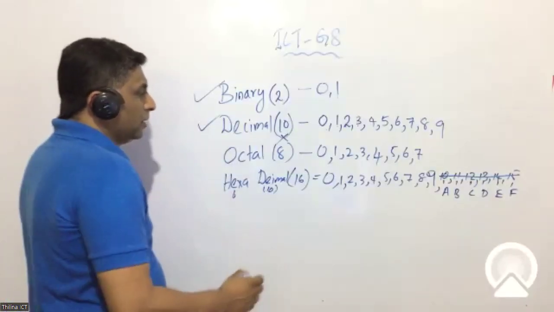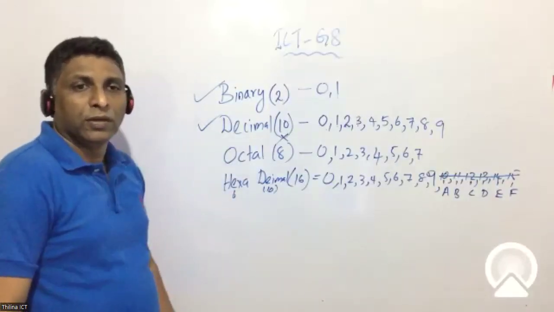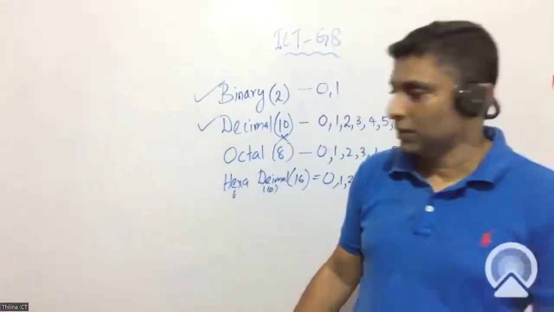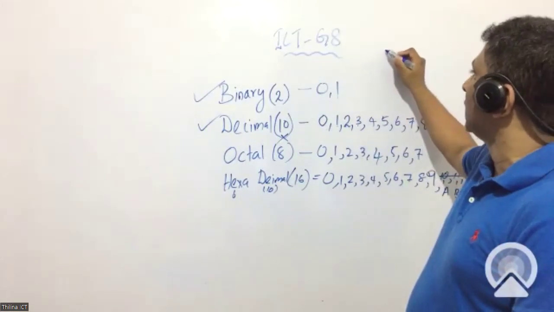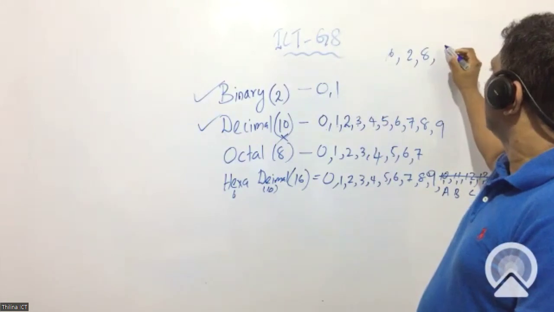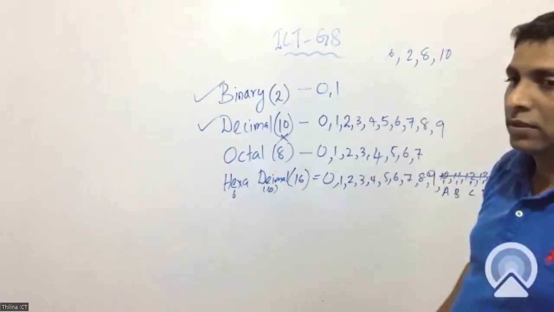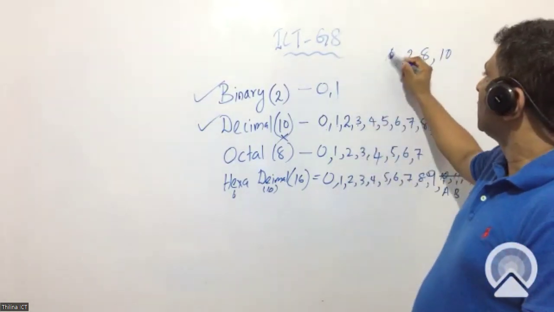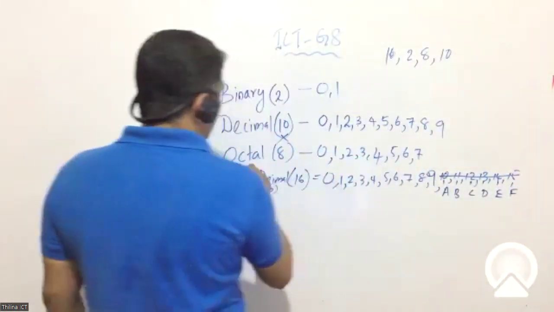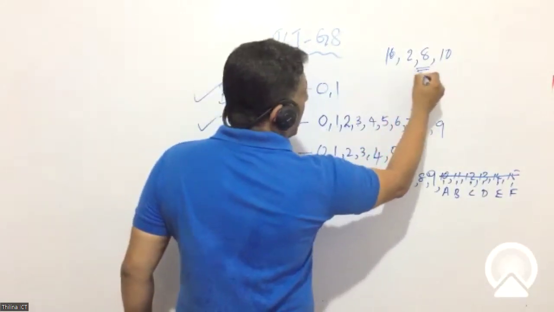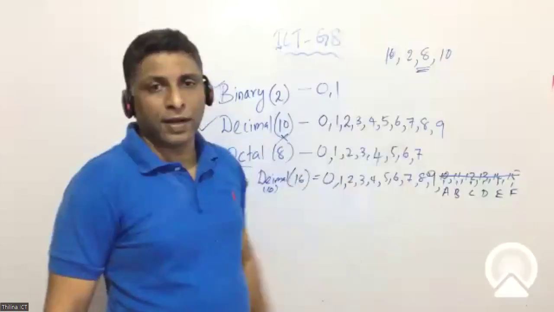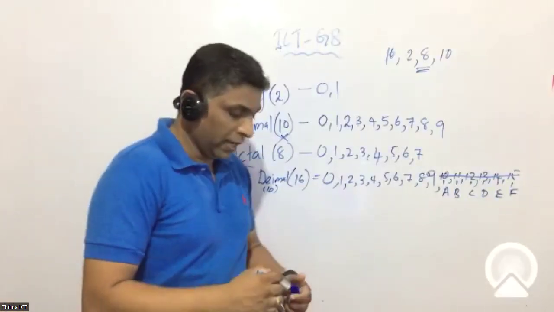And the base. They might ask you, what's the base of the octal number system? They will give two, three answers: 16, 2, 8, maybe 10. So in that case, you have to underline this answer, 8.